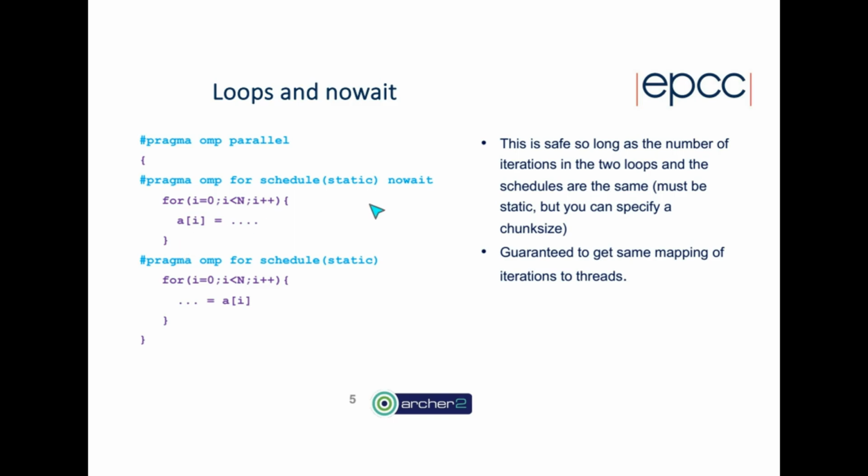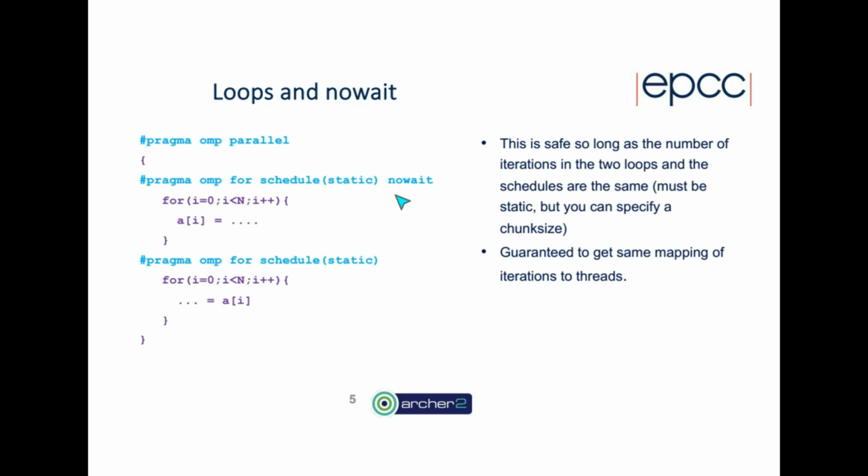And the answer is, this is safe under certain circumstances, because if the number of iterations in the 2 loops is the same, and the schedules are the same, and the schedules are static or static with a chunk size, then you are guaranteed to get exactly the same mapping of iterations to threads for both loops.